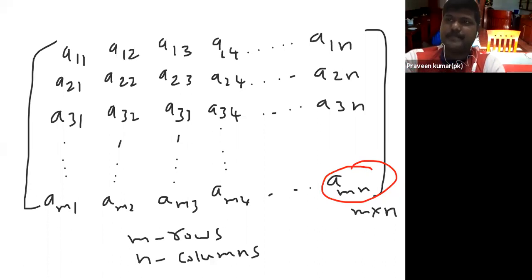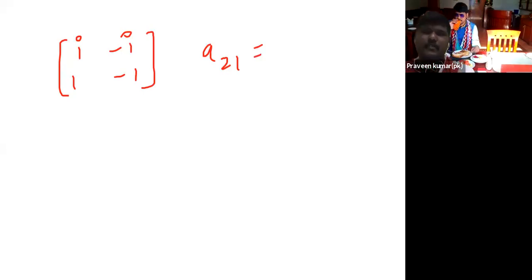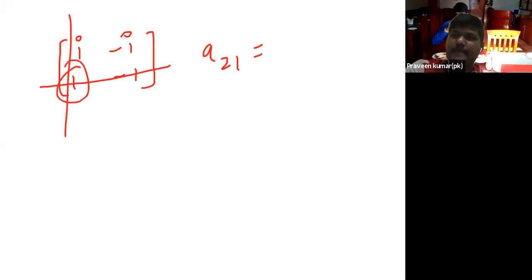Yes, dear students. Small example I can give to you. 1 minus 1, 1 minus 1. Dear students, what is A21? Second row, first element means this one, 1.